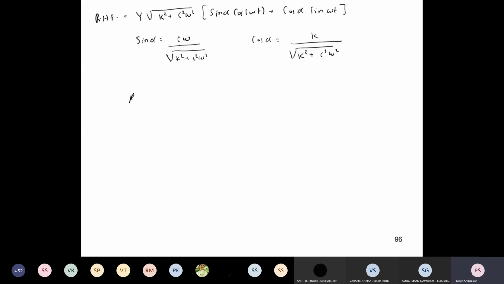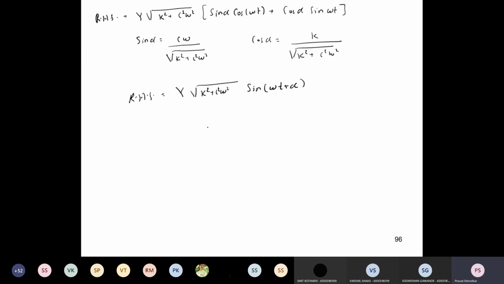So right hand side I can write simply Y into square root of k square plus c square omega square into sin (omega t plus alpha).